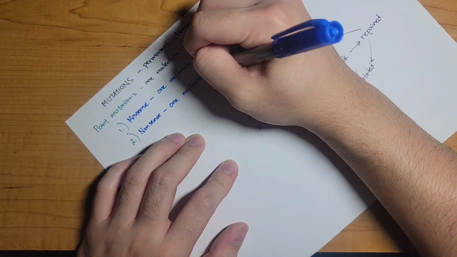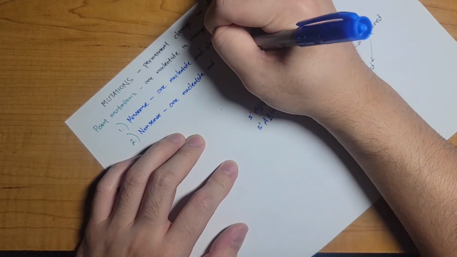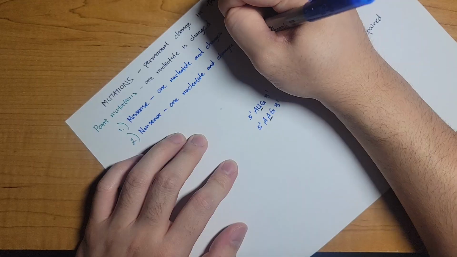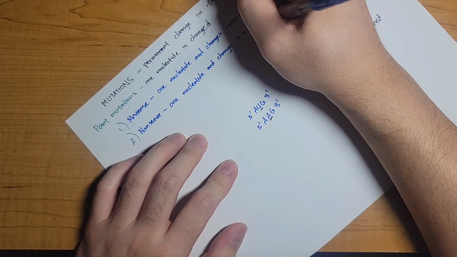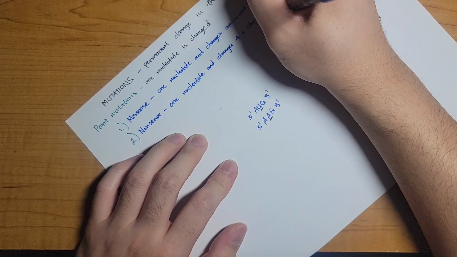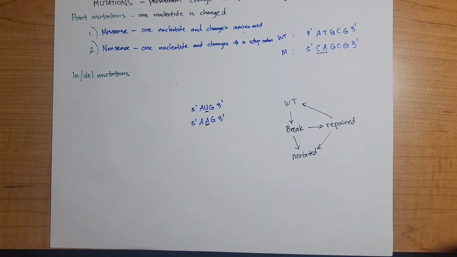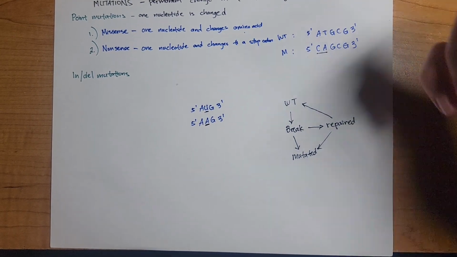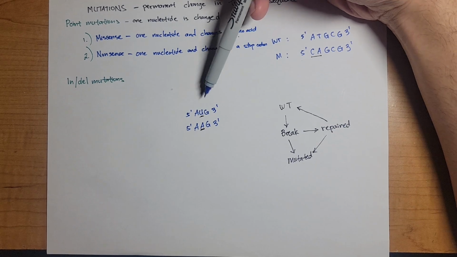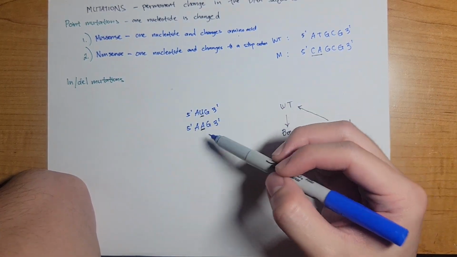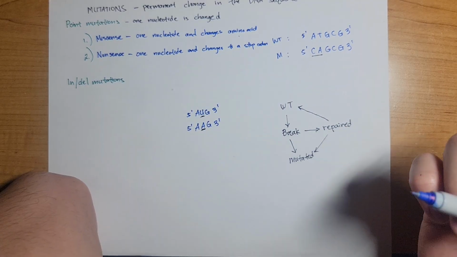One nucleotide changes to a stop codon. I forgot what the codon for the stop codon is, but it's the same logic. Let's say this was AUG, and then one nucleotide was changed to make it a stop codon.